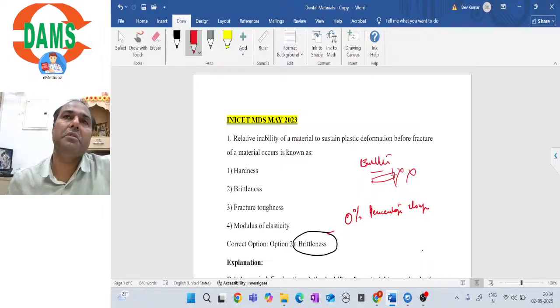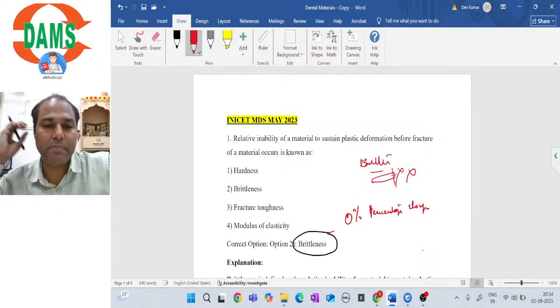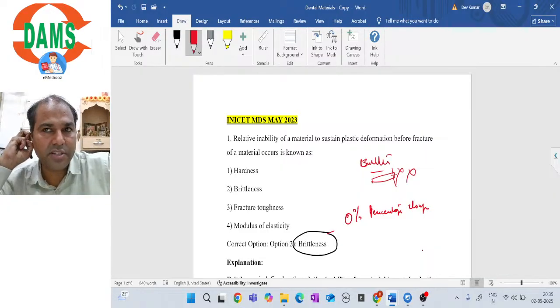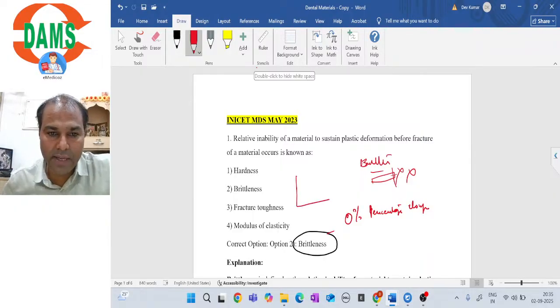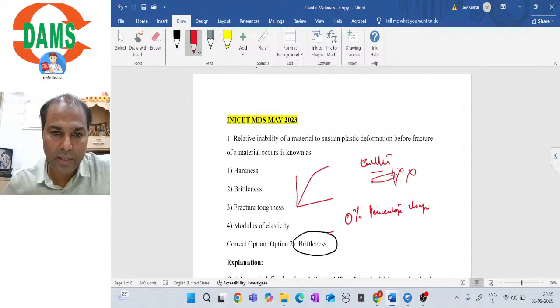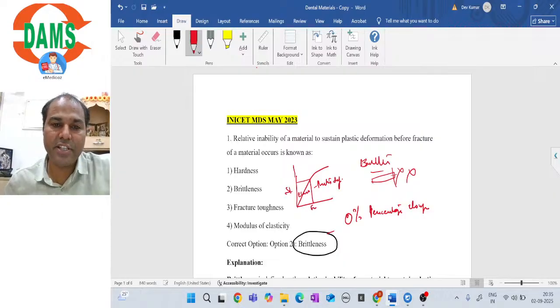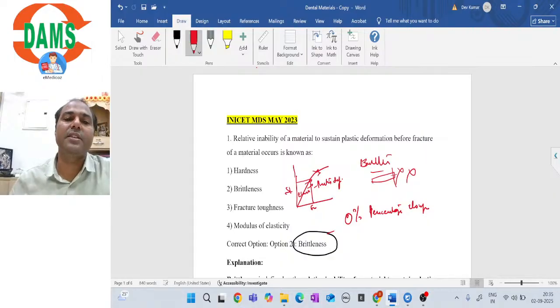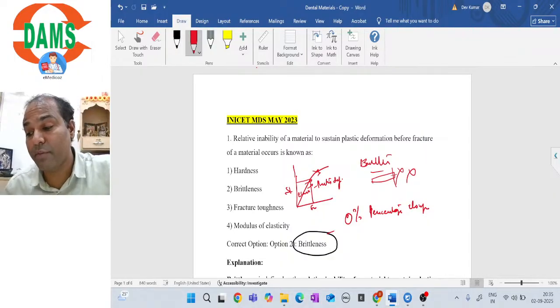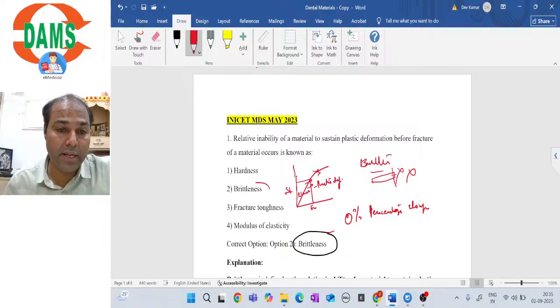It doesn't have even very less plastic, it will not sustain the plastic deformation. Why? Because if we see the graph like this, till this straight line it is under elastic region, then it becomes plastic deformation. So in stress versus strain, elastic region तक force लगी है तो it will not break, but as soon as it reaches the plastic deformation and permanent deformation, it breaks. That means it is not able to sustain plastic deformation. So the best answer is brittleness.